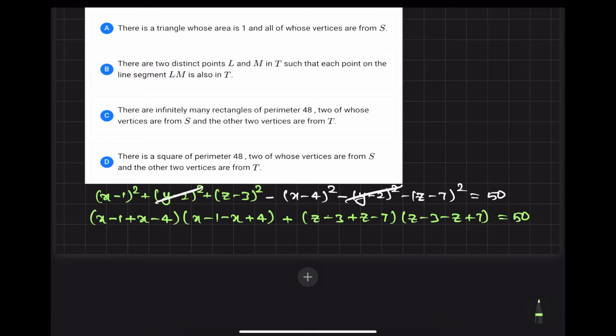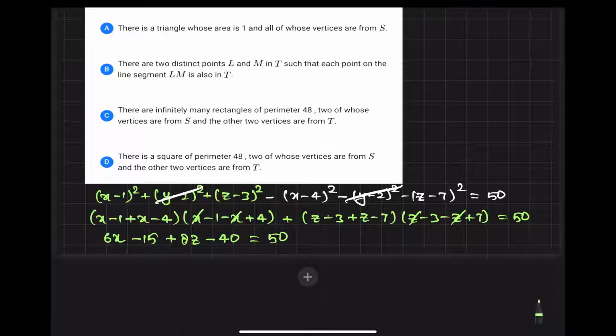Now do a little bit more simplification. So you got 2x minus 5, and here it is 3. So 2x into 3 is 6x, and 5 times 3 is 15. Here also, it is 4, so it will become 8z, and this is 4 and this is 10, so it is 40.